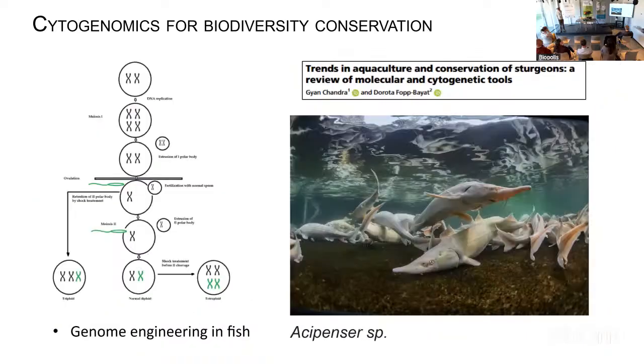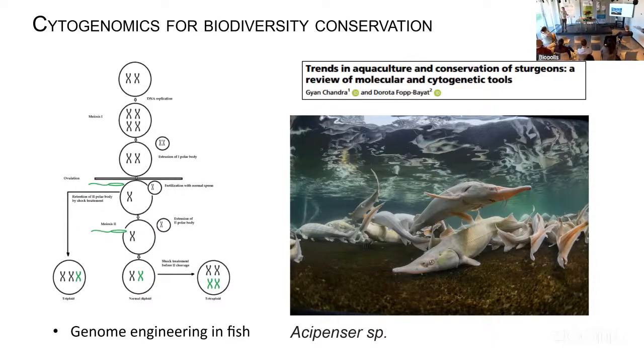As I said, another important application of cytogenetics and cytogenomics for conservation programs is the understanding of sex determination systems. Again, we are with sturgeons, as 80% of sturgeon conservation program is made ex situ, okay? So it's not made in situ.